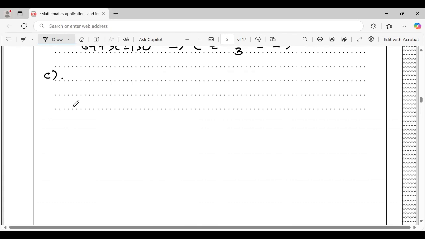So the lower bound equals 101,000 minus 500 equals 100,500. So next question.